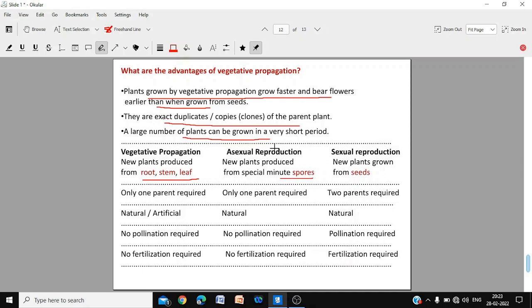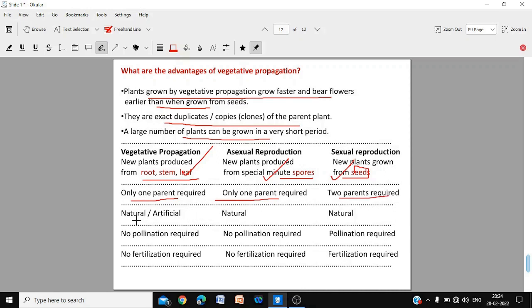And in sexual reproduction, plants are grown from seeds. Only one parent plant is required in both vegetative and asexual reproduction, but 2 parent plants are needed in sexual reproduction.